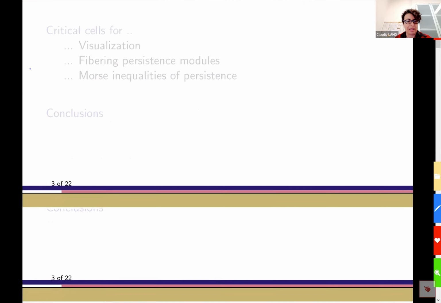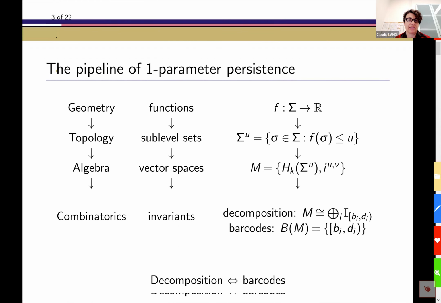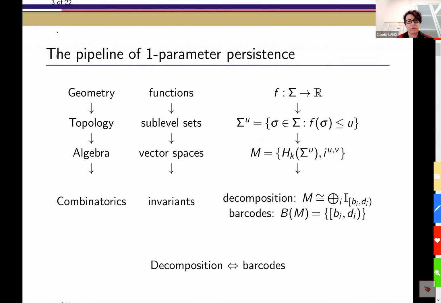Okay, so a brief introduction of persistence. This is the usual pipeline of persistent homology, where one has a cell complex sigma endowed with a function, and then one takes the sublevel sets of the function.